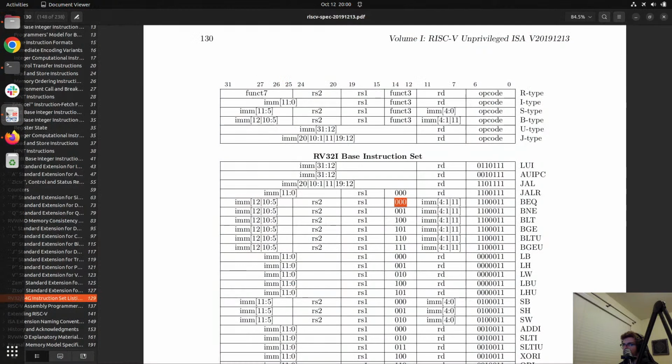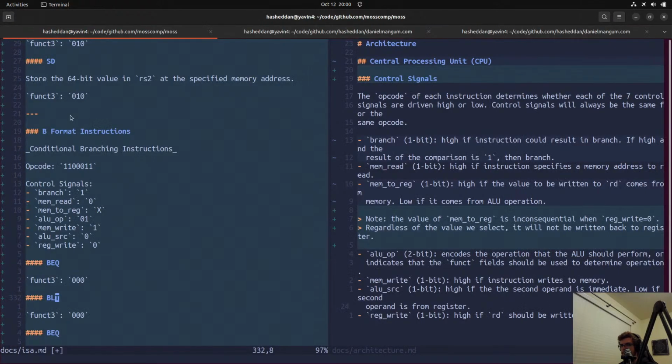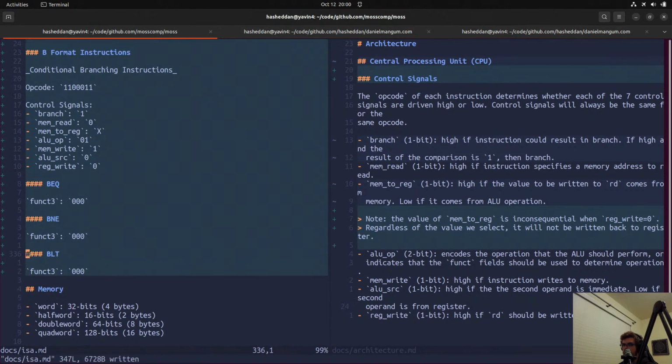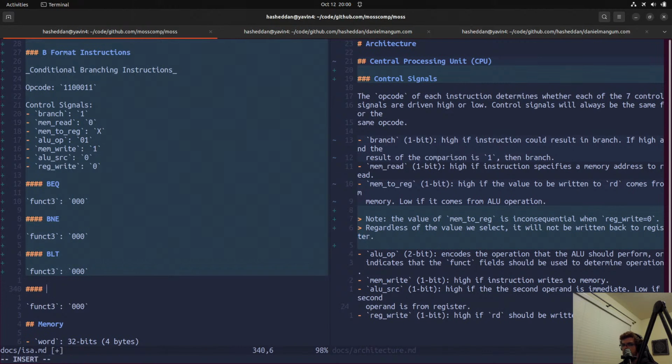BNE, BLT, BGE: branch if greater than or equal.